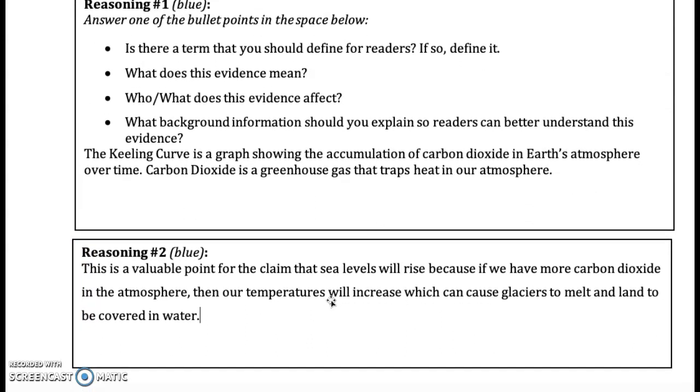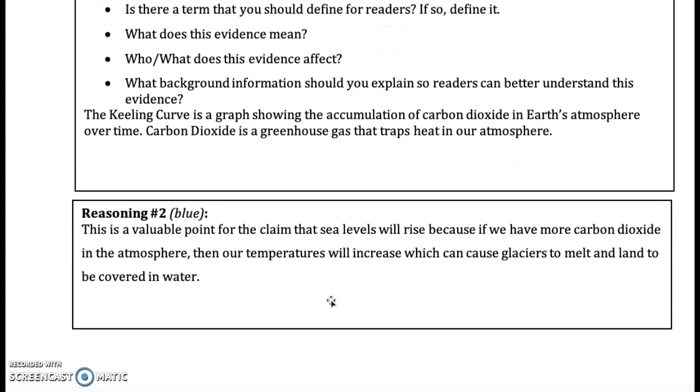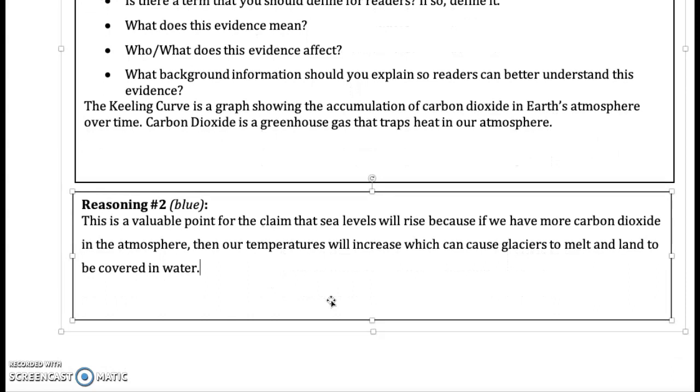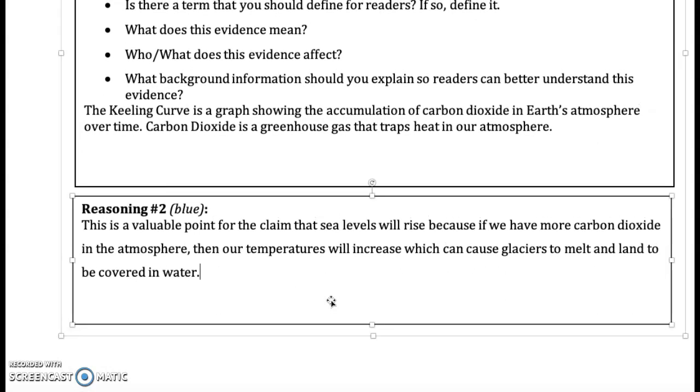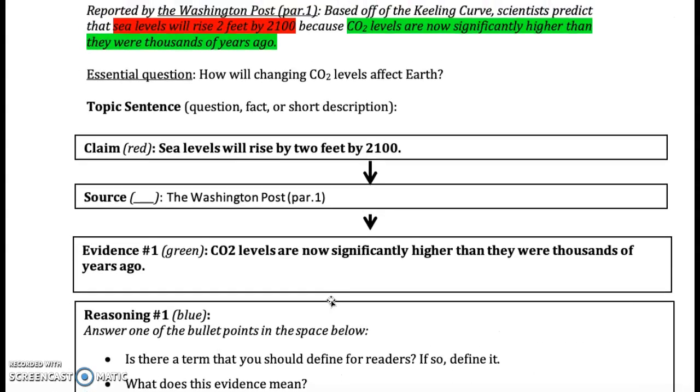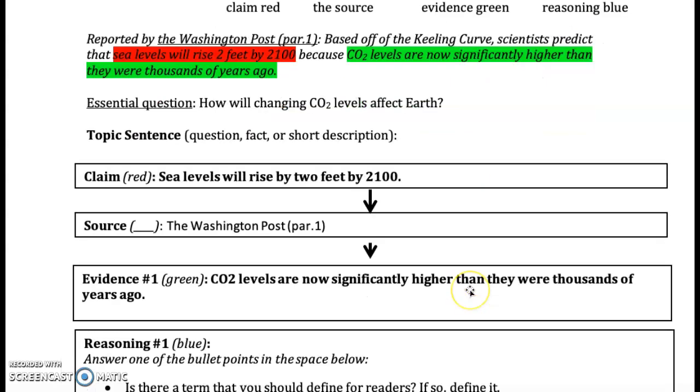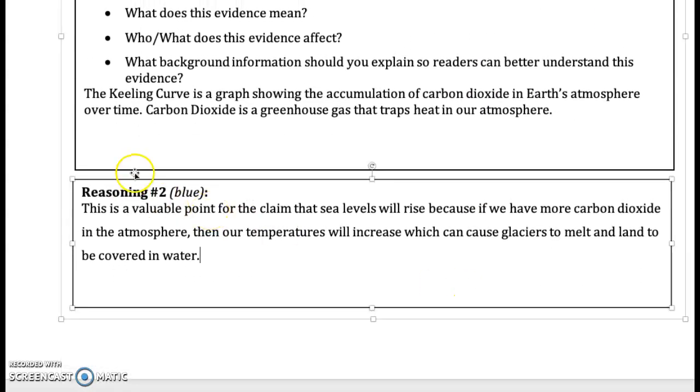The Keeling curve is a graph showing the accumulation of carbon dioxide in Earth's atmosphere over time. Carbon dioxide is a greenhouse gas that traps heat in our atmosphere. This is a valuable point for the claim that sea levels will rise because if we have more carbon dioxide in the atmosphere, then our temperatures will increase, which can cause glaciers to melt and land to be covered in water. So going back up here, we want to color our reasoning blue.